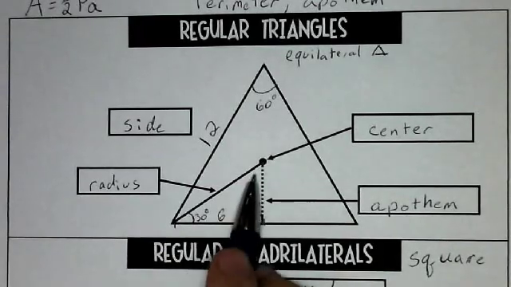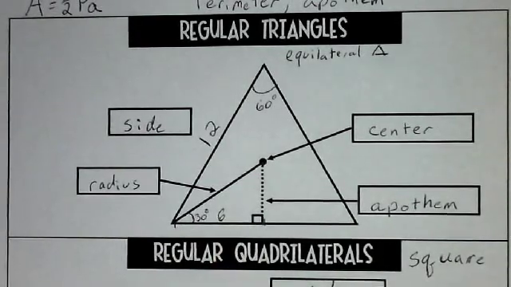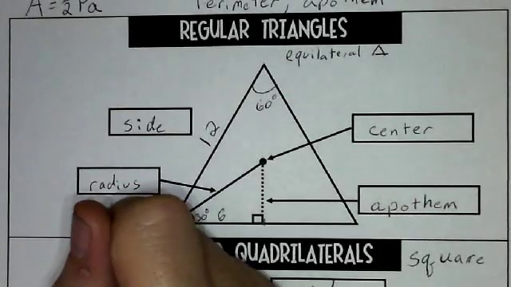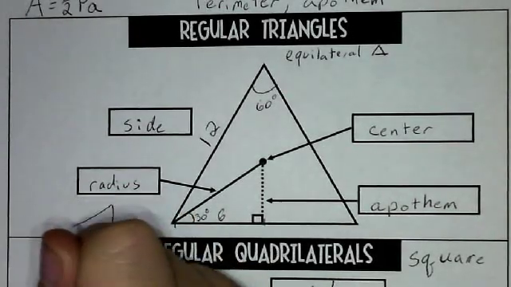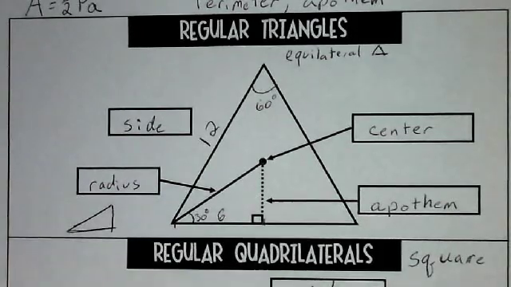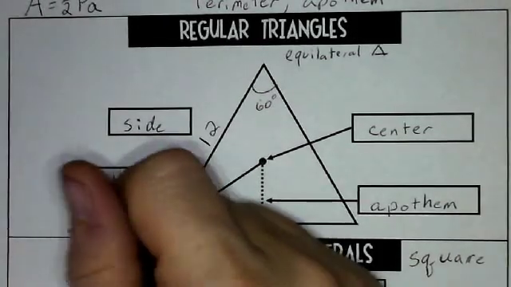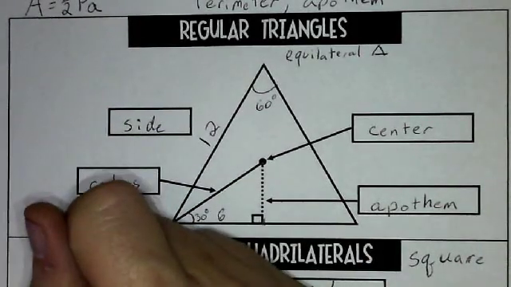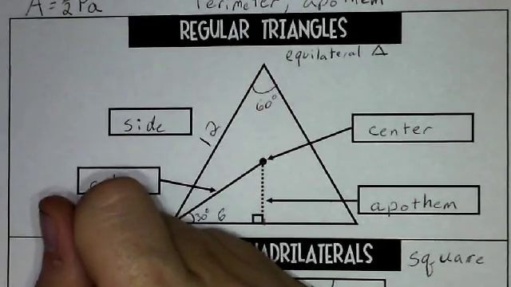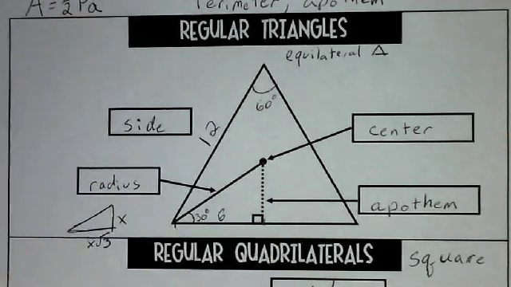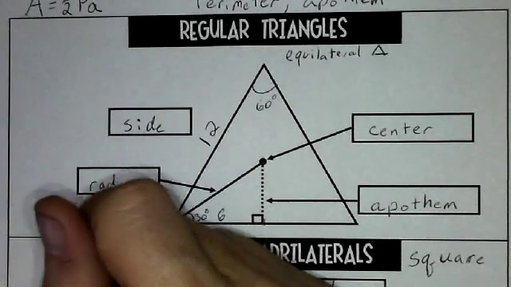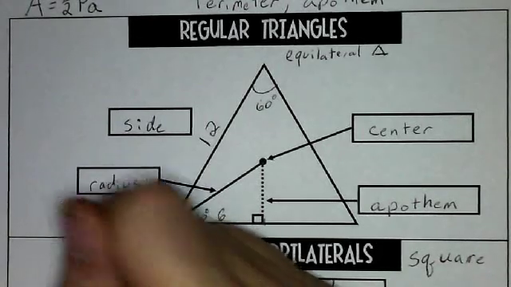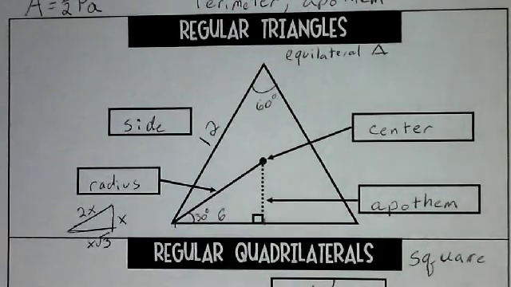Now, given that this is a 30, 60, 90 triangle, there are some rules. The short leg is x units. The long leg would be x square root of 3 units. And the hypotenuse would be 2x units. Those are just properties of 30, 60, 90 triangles.